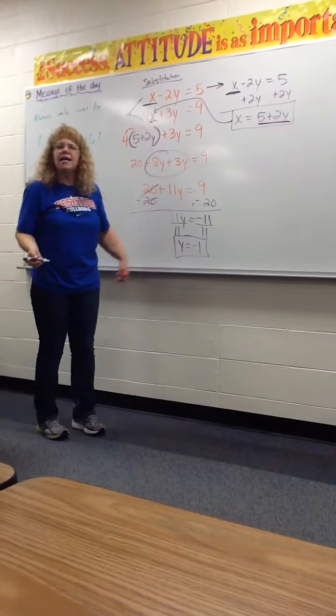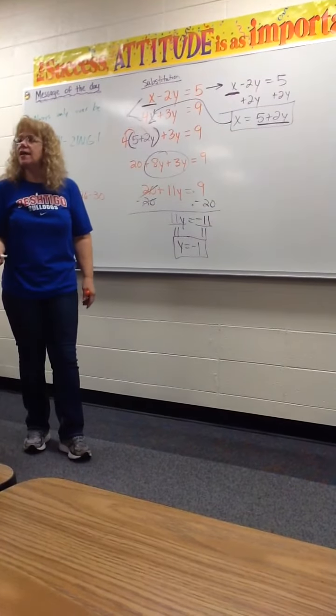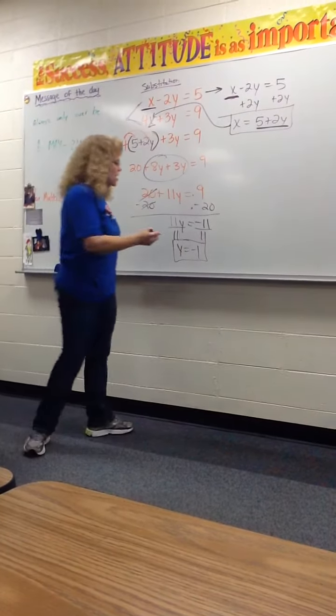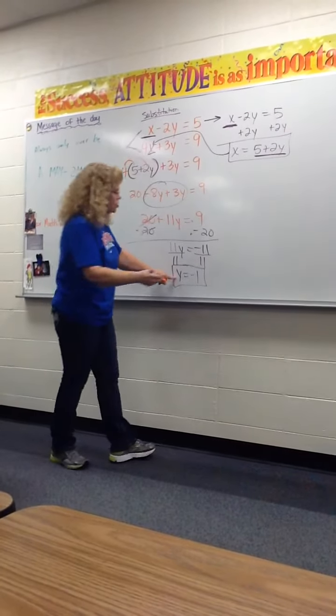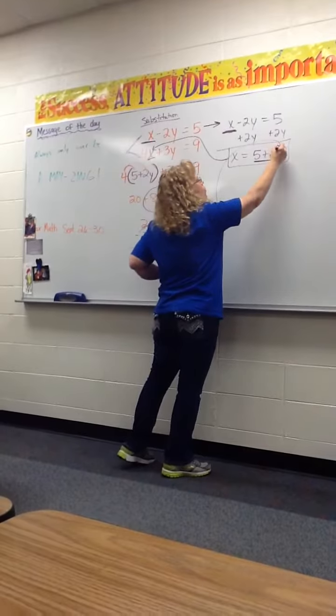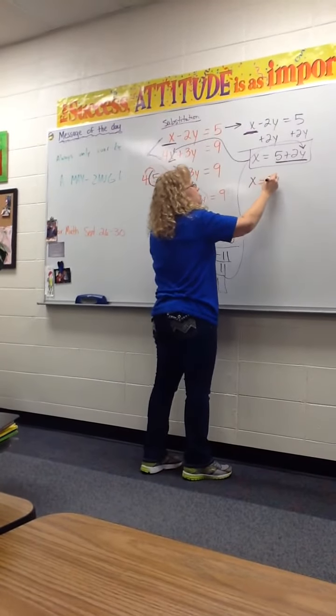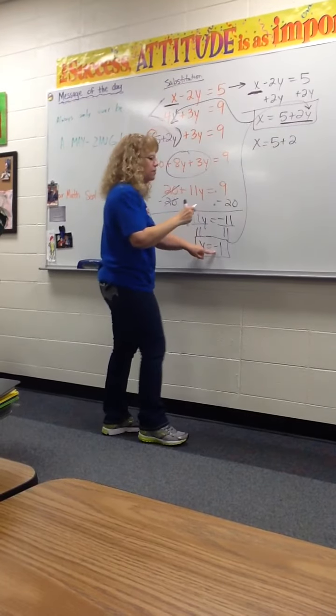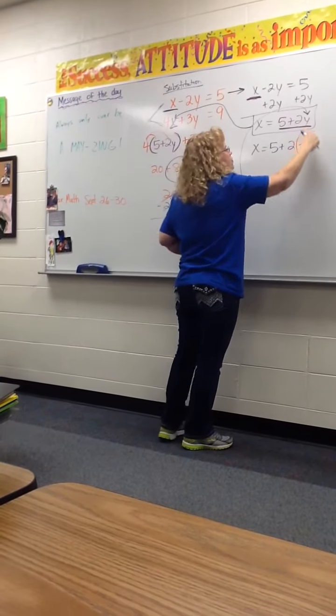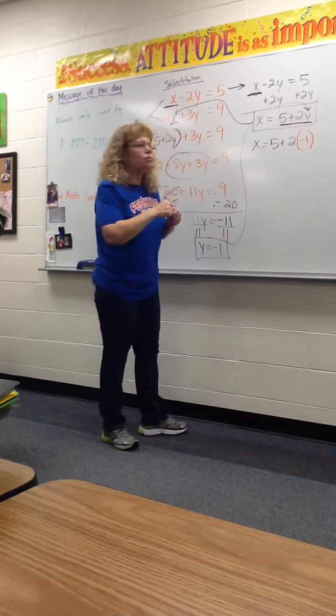We've got the y, now we need the x. How do we find the x? Right. You take this and you plug it in over here. It's y equals. So we're going to plug it in over here for y. x equals 5 plus 2y. But what is y? Right, it's -1. We just figured that out.